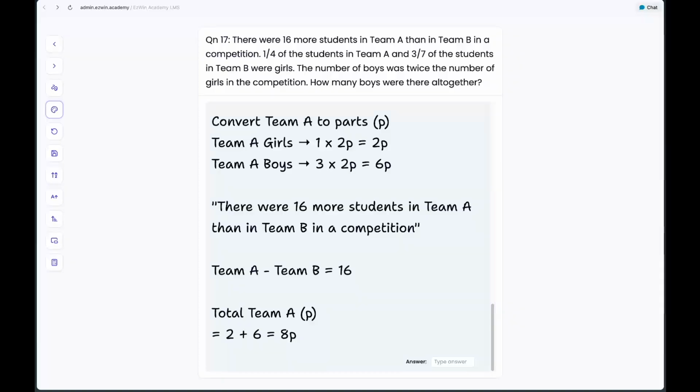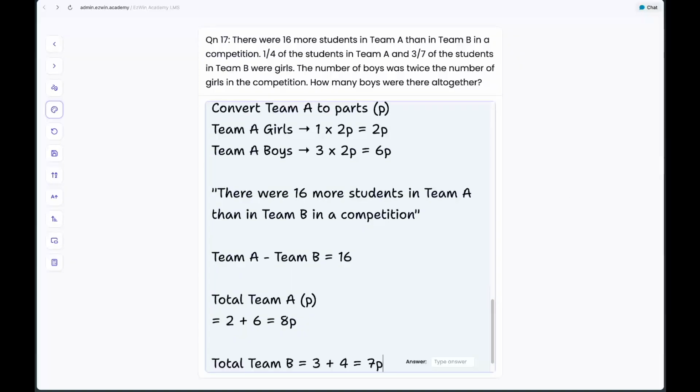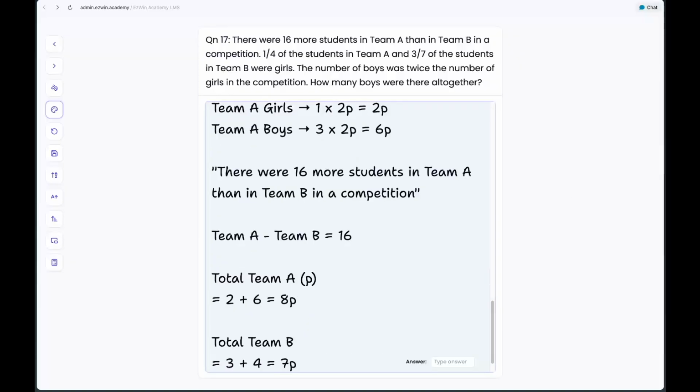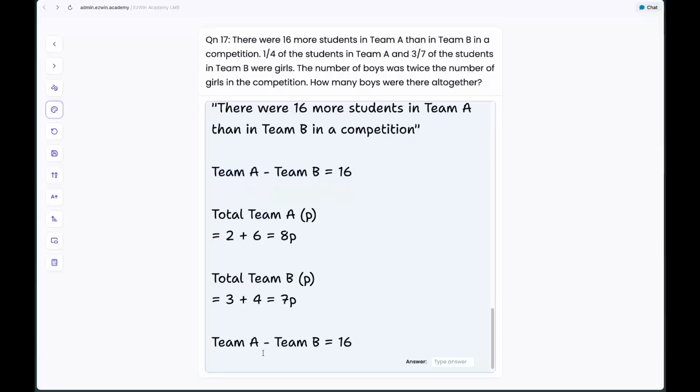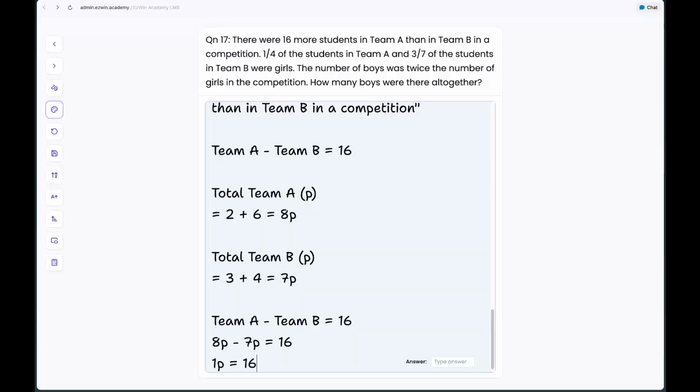Then the total for Team B is equal to 3 plus 4, which is 7 parts. So since we know Team A minus Team B is 16, that means it is basically 8p minus 7p, which is 16, and 1p is equal to 16.